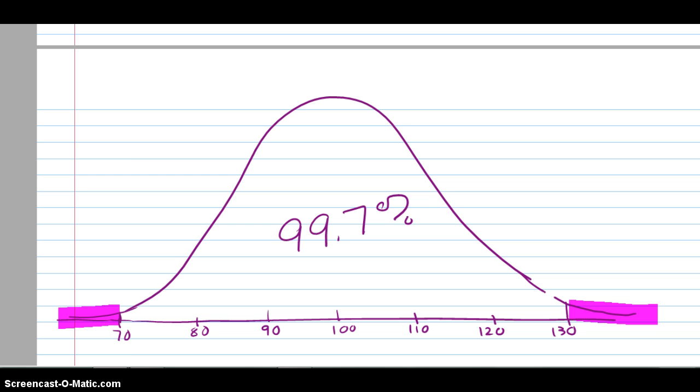Since this is symmetrical, I think half of that 0.3%, 0.15% of the population scores IQs below 70, and 0.15% of the population scores IQs above 130. Well, we can define this a little better.